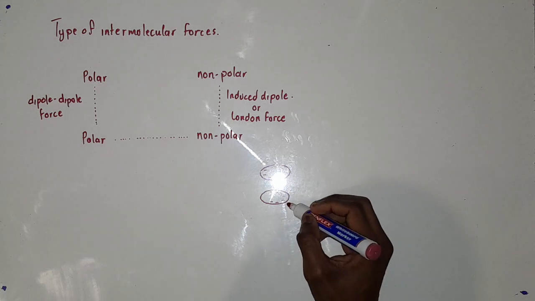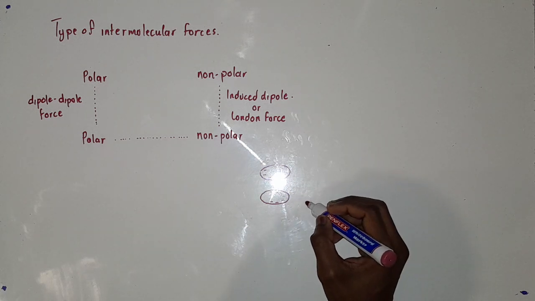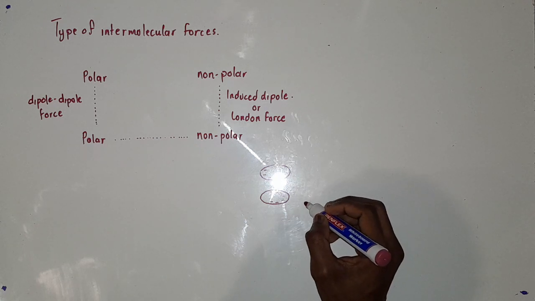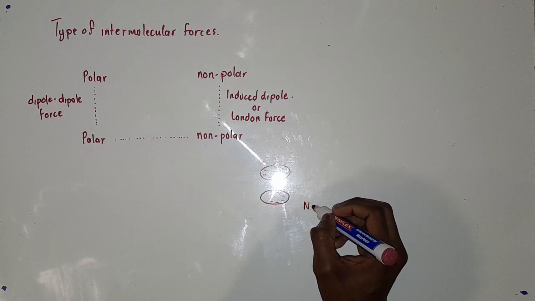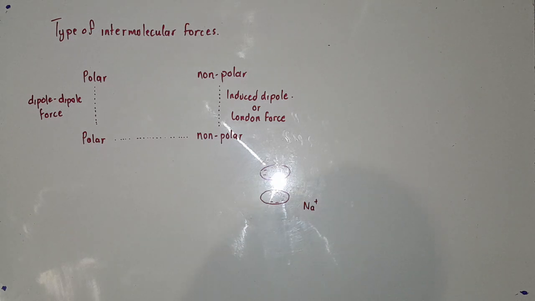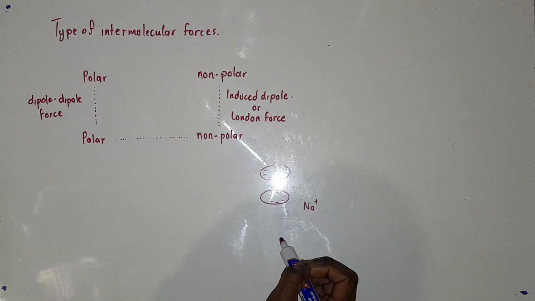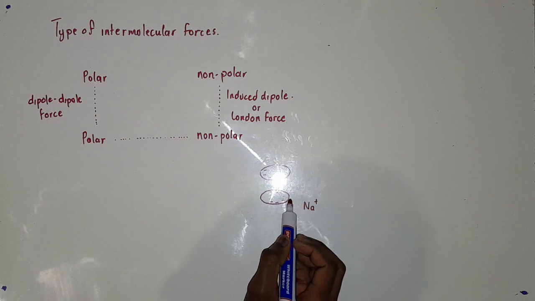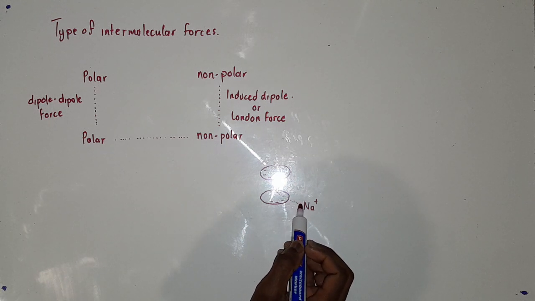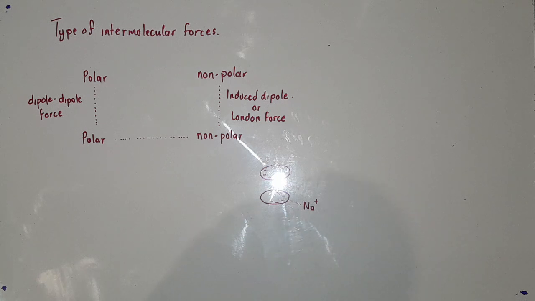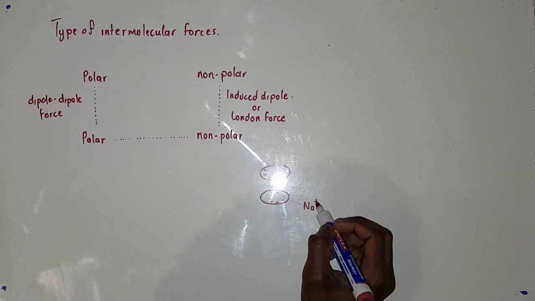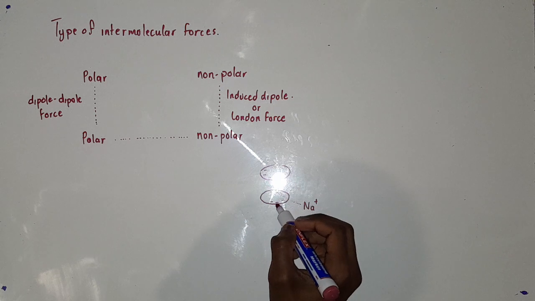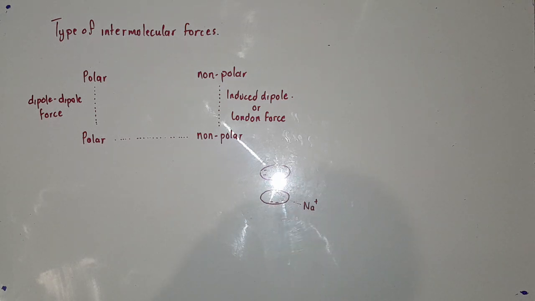If I were to expose another one, let's say an Na ion over there, then this one is going to be attracted to this, because this is positive and this is negative.